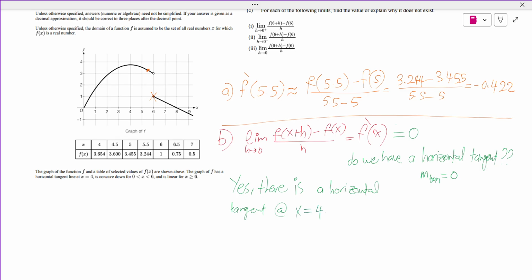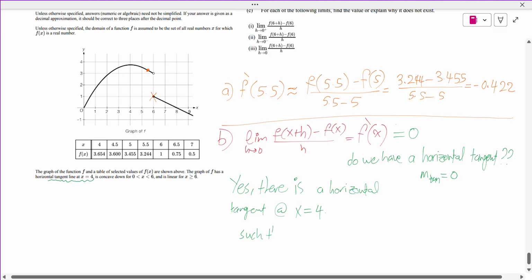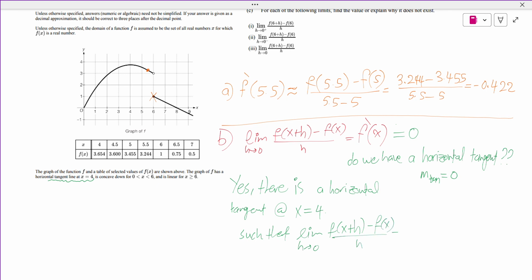It's mentioned here, the horizontal tangent at x equals 4, such that the limit as h approaches 0 of f of x plus h minus f of x all over h equals 0. It's at x equals 4 because it is a horizontal tangent.